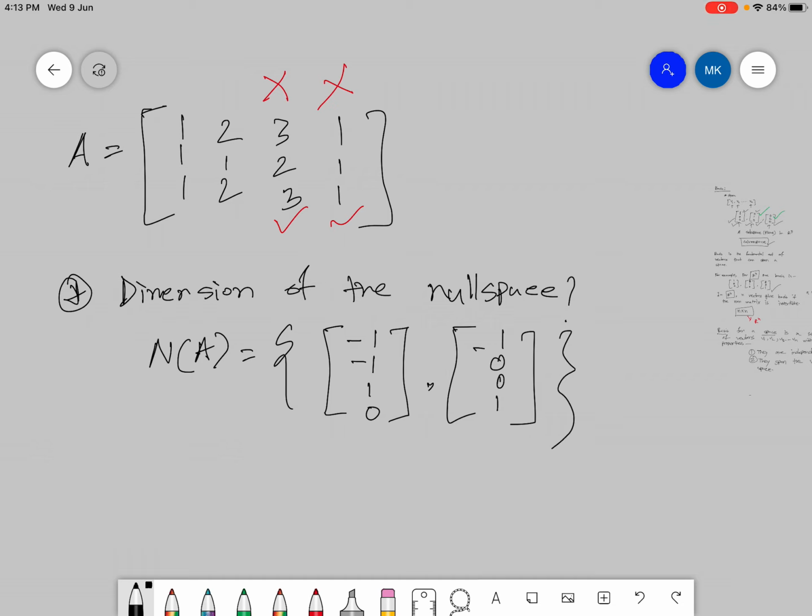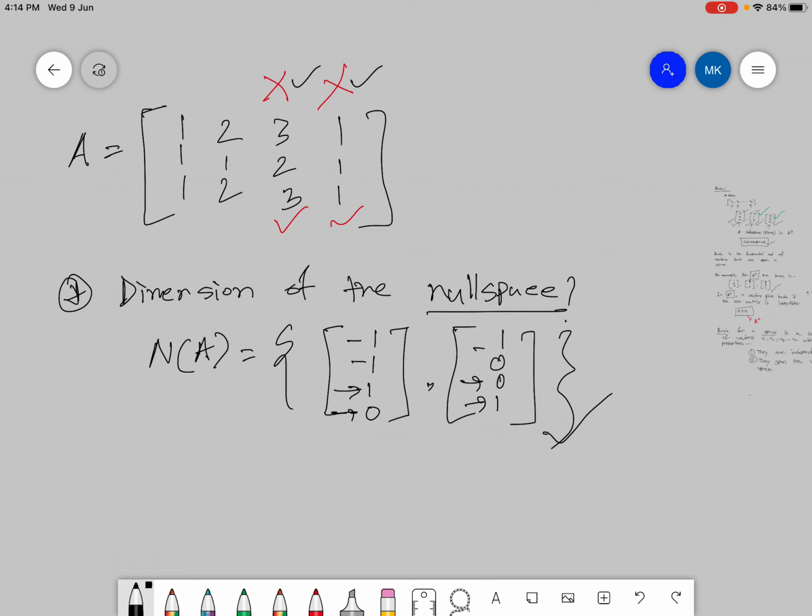So you already know how to find the null space. Please do it. As these two columns are free columns, we set these two columns as 1 0 and 0 1. And the whole null space is the linear combination of these two columns. So what is the minimum number of column vectors that give you this null space? The answer is 2.